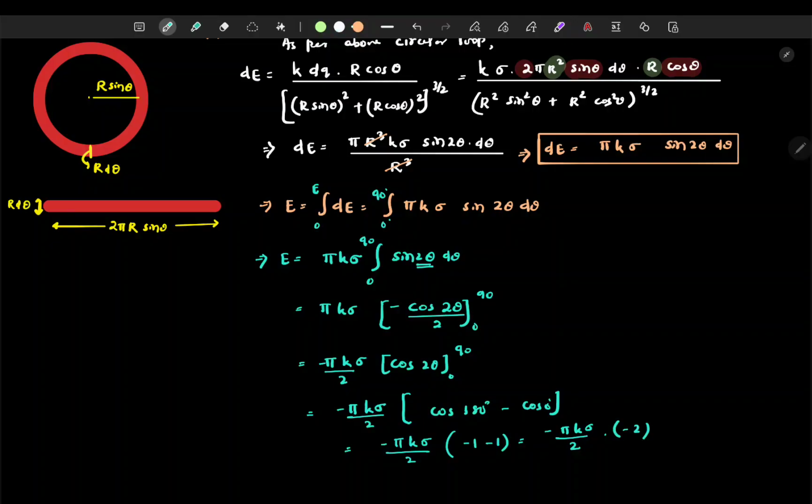Now the 2 cancels, minus minus plus, the answer is pi k sigma.